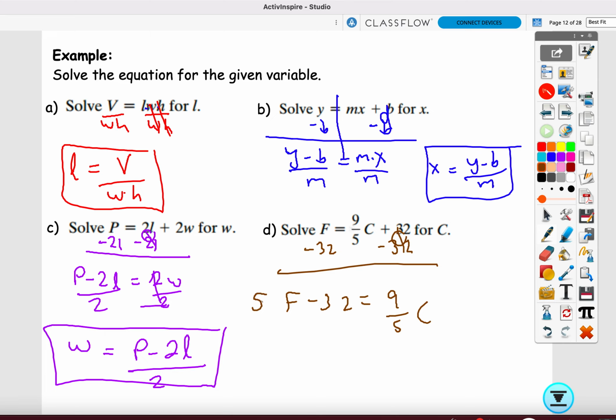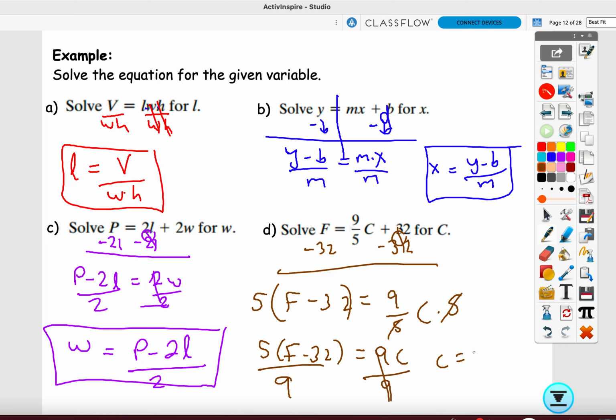So it'll be 5 parentheses that times 5 here. It cancels out the 5, and then we have 9c. So then we get 5 parentheses f minus 32 equals 9c. Divide both sides by 9, and we're done. We get c is equal to 5 parentheses f minus 32, all divided by 9.